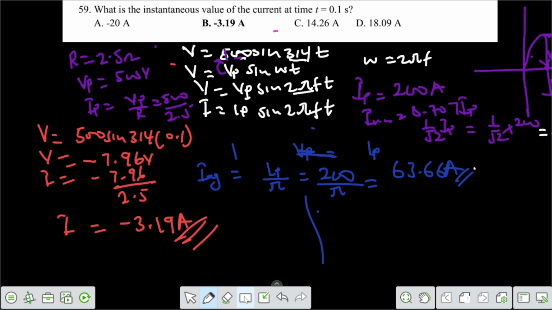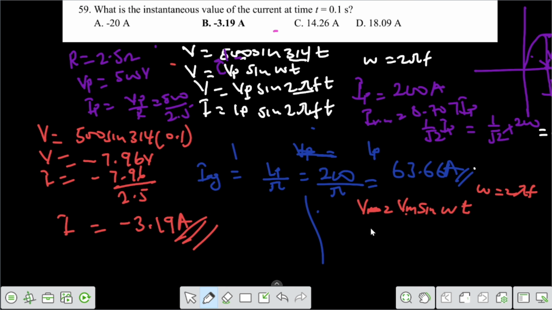under AC theorem. So first of all, there are main important formulas you are supposed to know. We have the general formula, which is V is equal to Vm, maximum voltage, or Vp, sine omega t. And omega is the same as 2 pi f. And then we just need to compare the parameters.